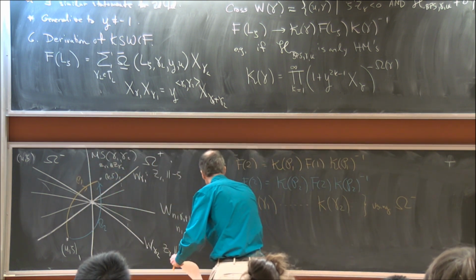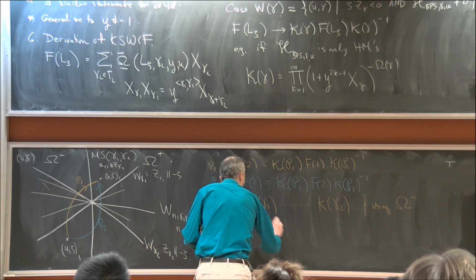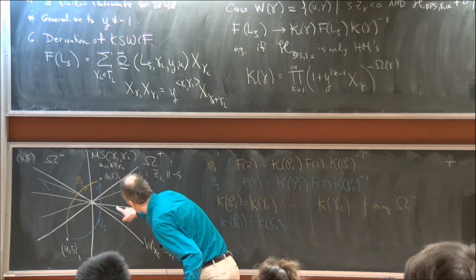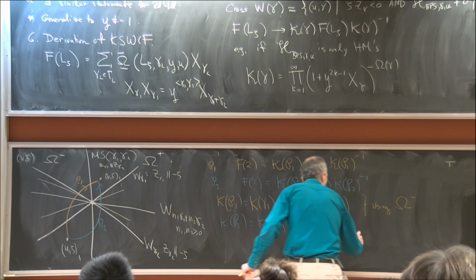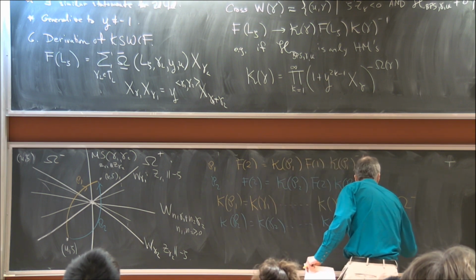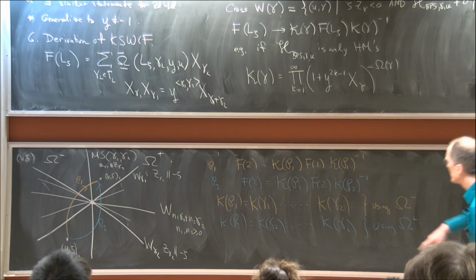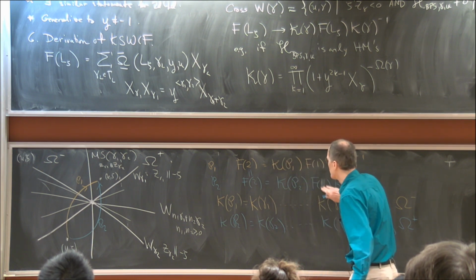Whereas for K of P2, you have K of gamma 2. Because you cross this K gamma 2 wall first, and then a lot of walls, and then you end up with K of gamma 1. And here, you're using omega plus. But you see, F of 2 is F of 2, and F of, whoops, that's wrong.